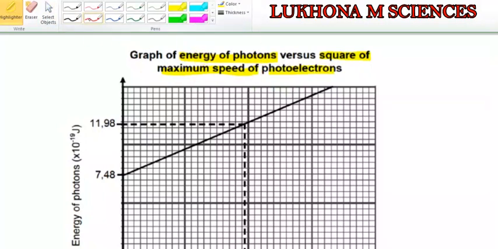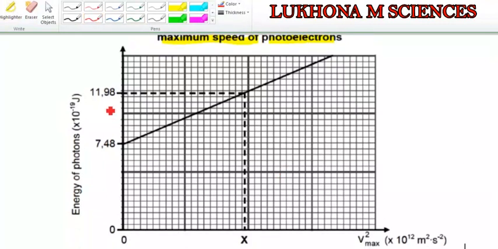So let's look at the graph. On the y-axis we have the energy of photon, that is our y.